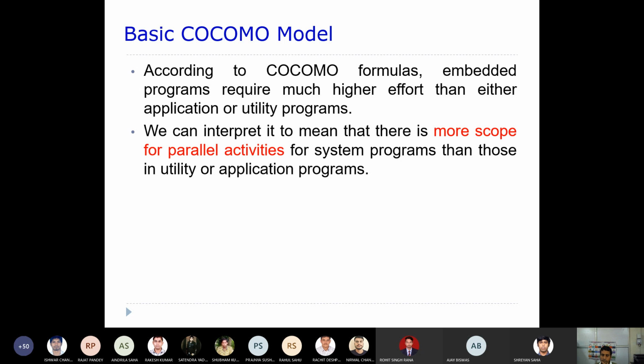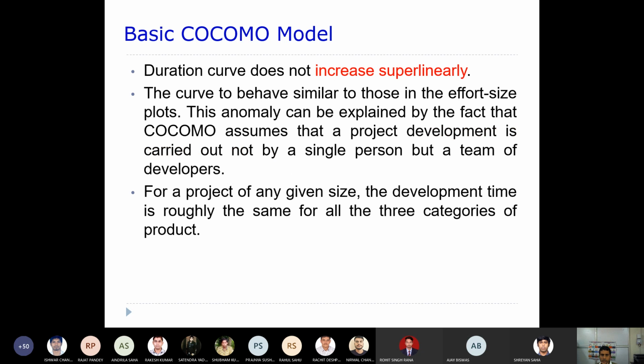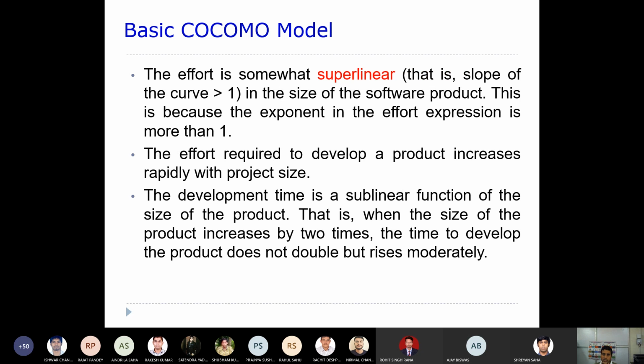Clear? Now the rest of the interpretations you do understand, right? Your duration curve, that means the development time, does not increase superlinearly as compared to the previous one, because the slope here is less than 1. So in case of effort it is superlinear because the slope of the curve is greater than 1.